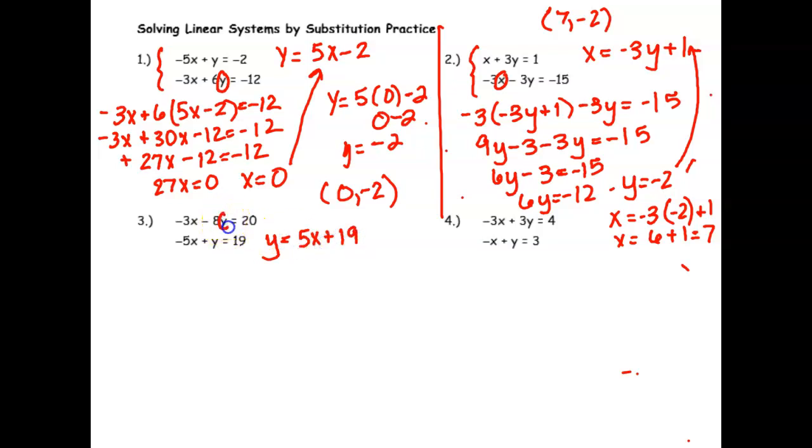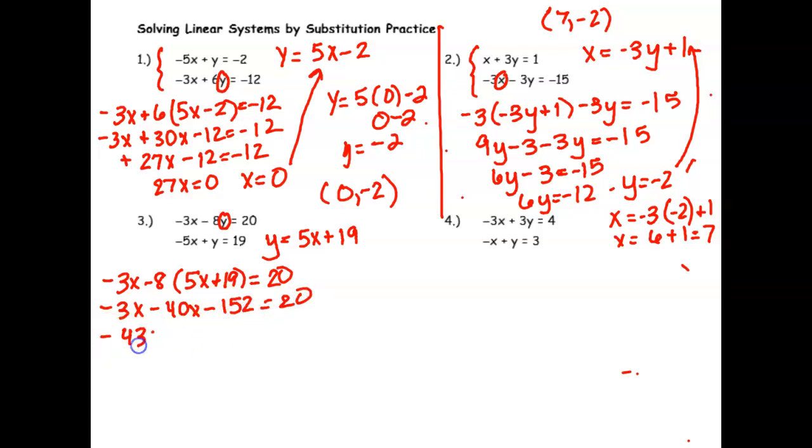So because I solve for y, I circle that, and I get negative 3x minus 8 times, instead of y, we're going to put in 5x plus 19, and that's going to equal 20. Negative 3x, we got minus 40x, okay, and this is minus 152. It's going to be equal to 20.